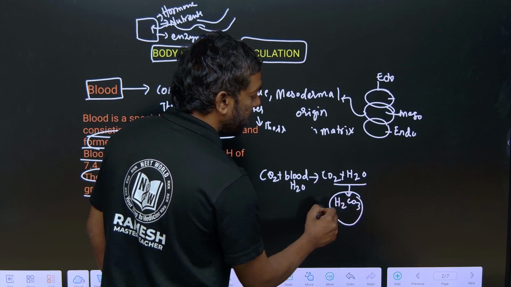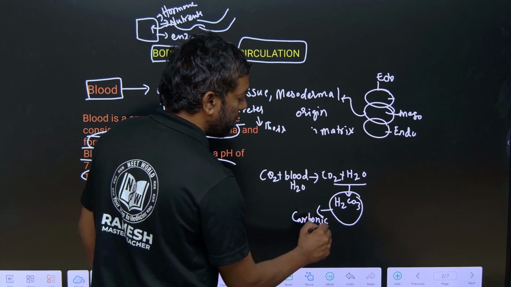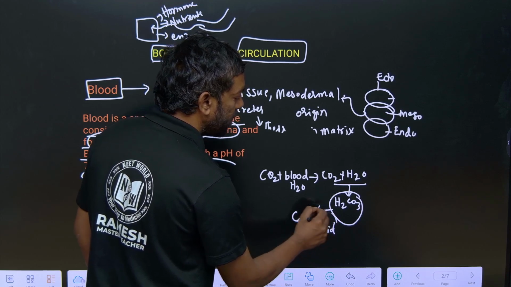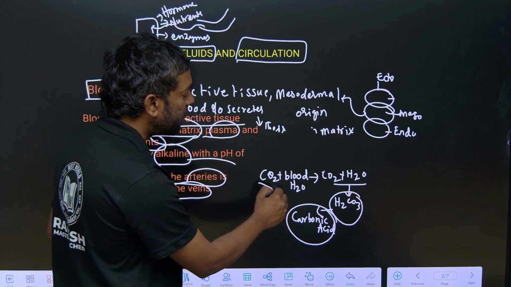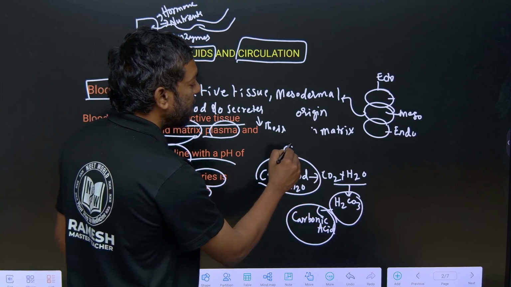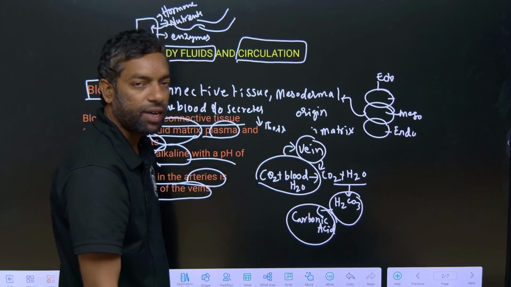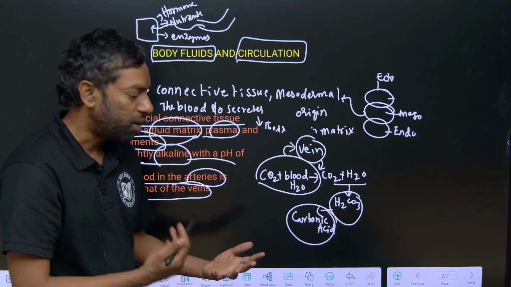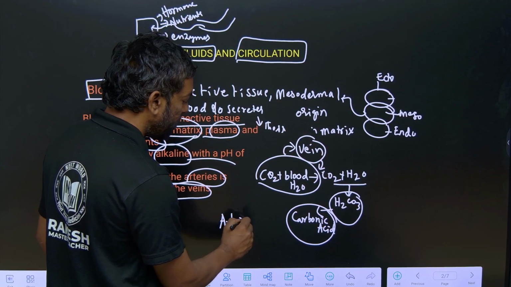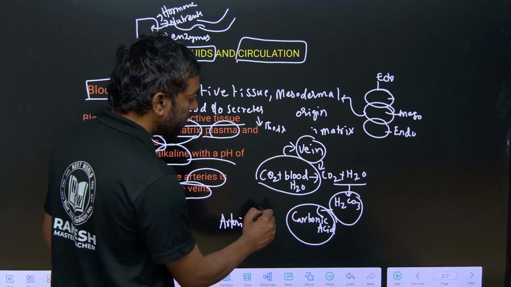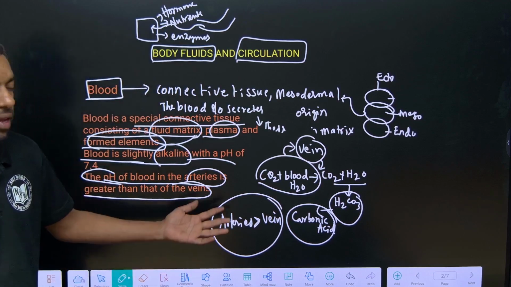This is carbonic acid, which has acidic nature. This deoxygenated blood is carried in the veins, so veins are more acidic than arteries. Arteries are more basic than veins.